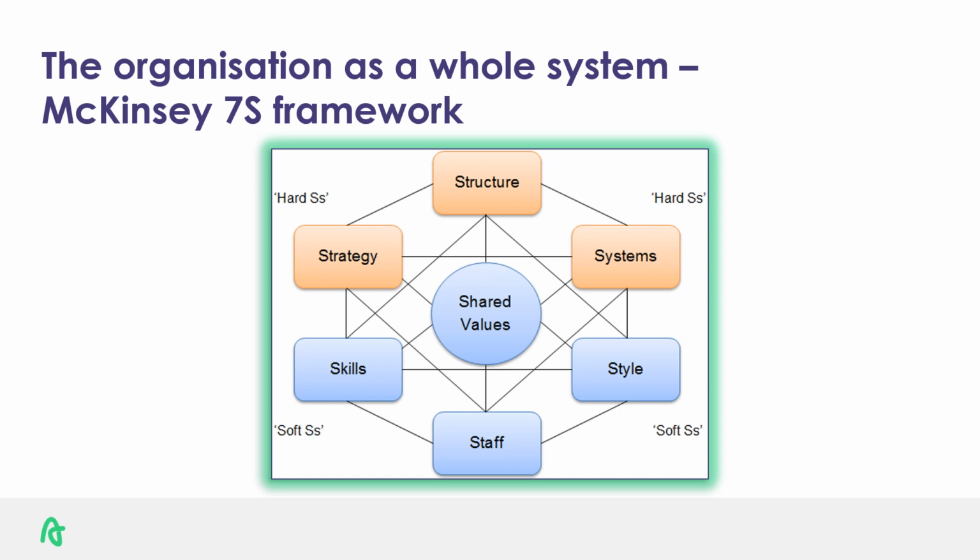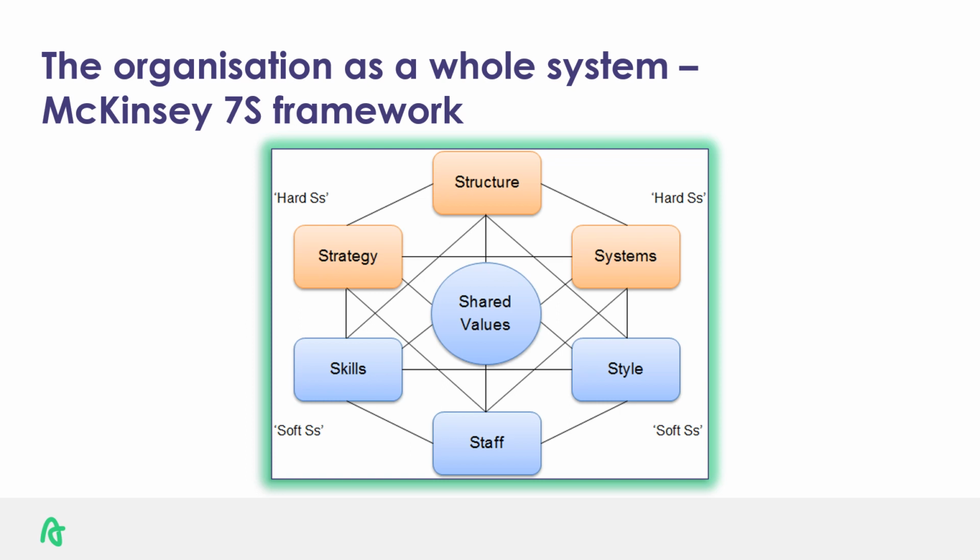The model also indicates that there are 3 hard elements within an organisation's whole system, named so because they are visible and tangible. These include strategy. This is the organisation's corporate plan to achieve its main objectives and maintain competitiveness.